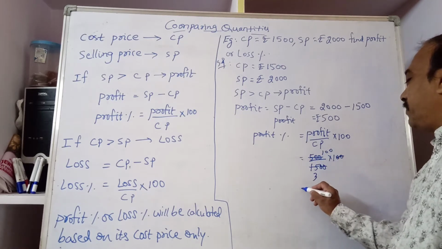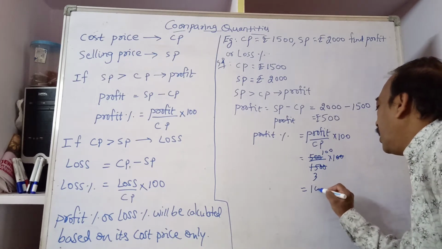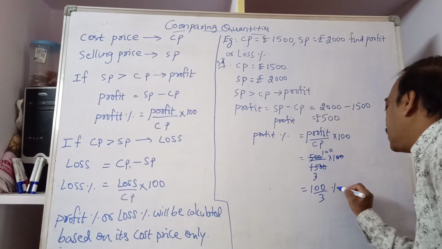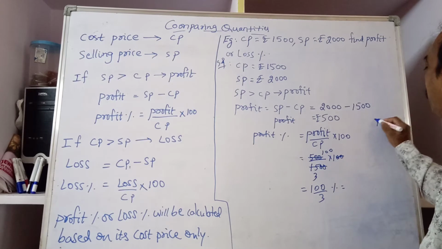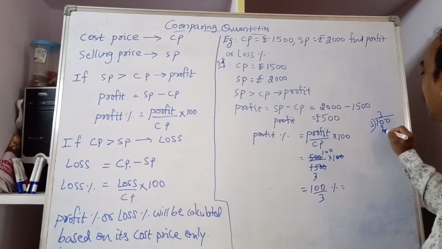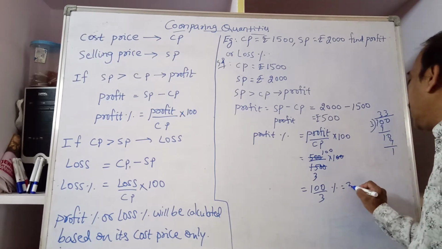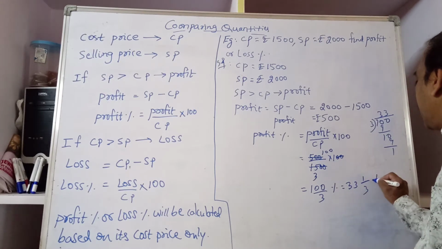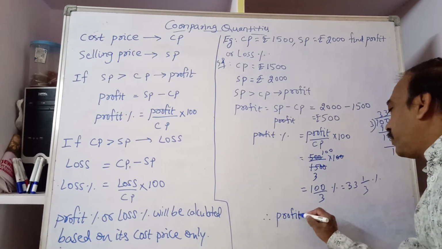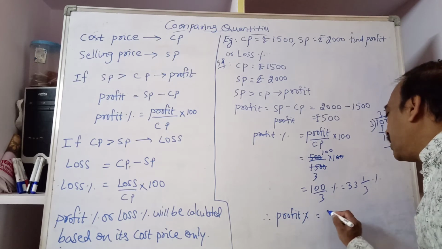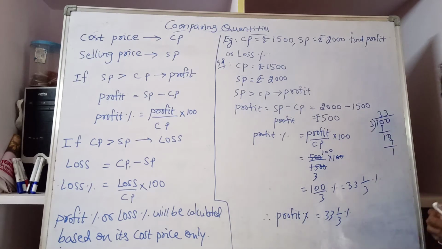Can you simplify still? So 100 by 3, which is equal to 100 by 3%. This can be written as a mixed fraction. 100 if you divide by 3, 3 threes are 9, 1 0, 3 threes are 9, 1. So 33 1 by 3%. Therefore, profit percent is equal to 33 1 by 3%.